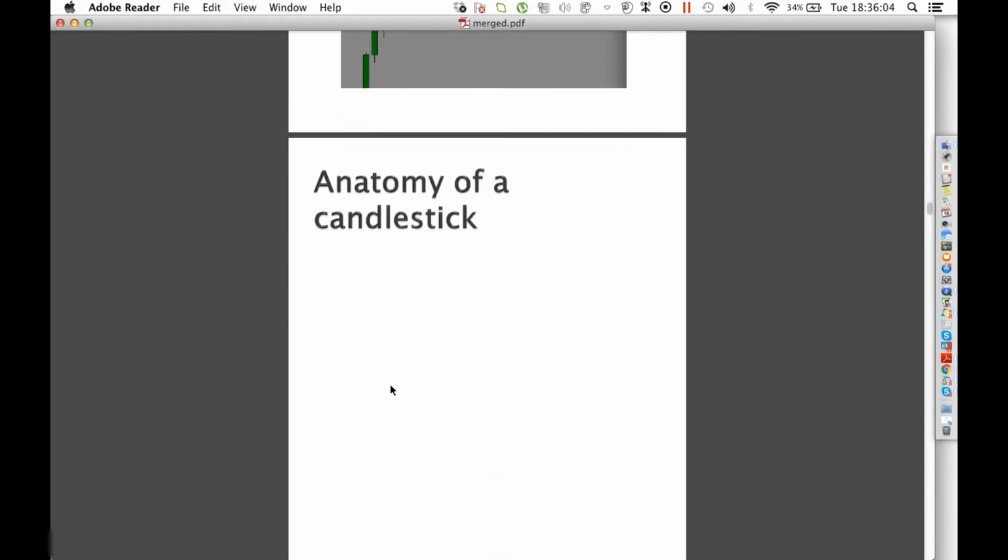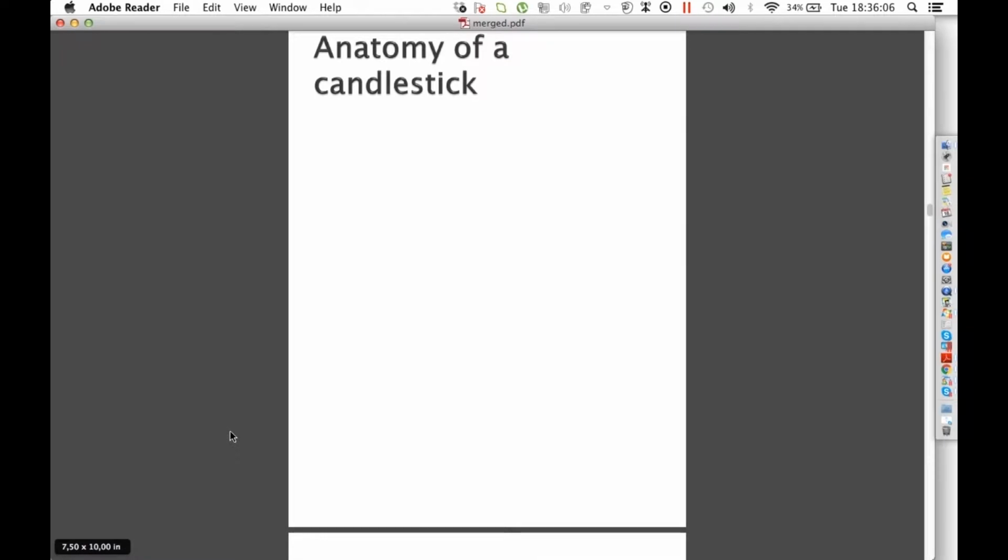So now, the anatomy of the candlestick. We will only cover the anatomy of a candlestick because that's the only sort of candles we use, but there are tons of sites where you can understand the other sort of charts, like the line chart or the bar chart.